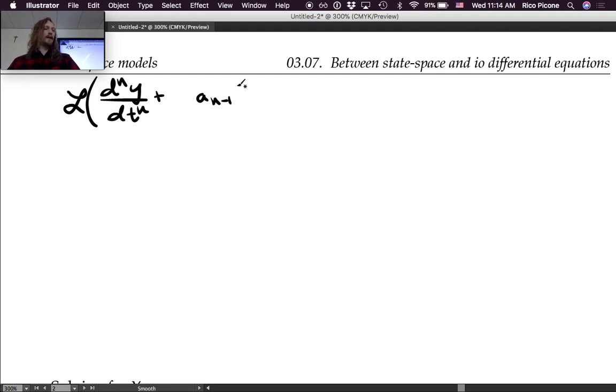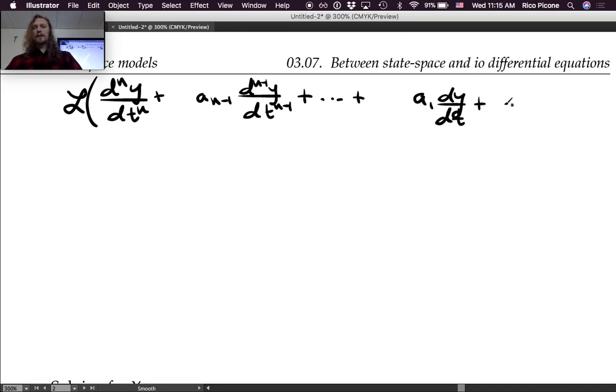The second coefficient is a n minus 1 times the n minus first derivative of y with respect to time, plus all the way down to a1 dy dt, the first derivative of y with respect to t, plus a0 times the 0th derivative of y, which is just y. So that's the left-hand side.